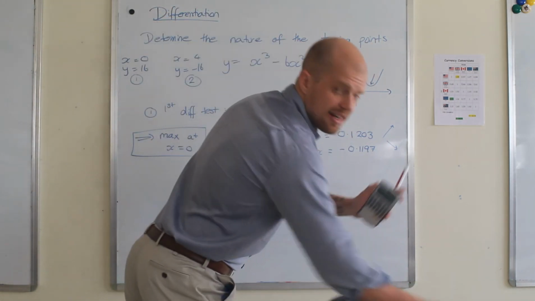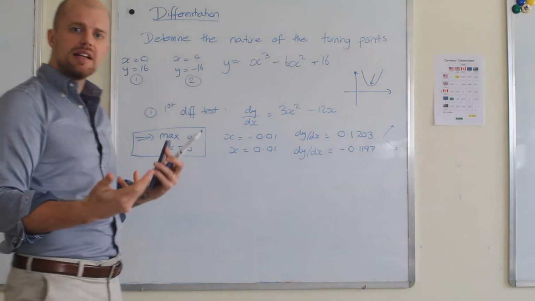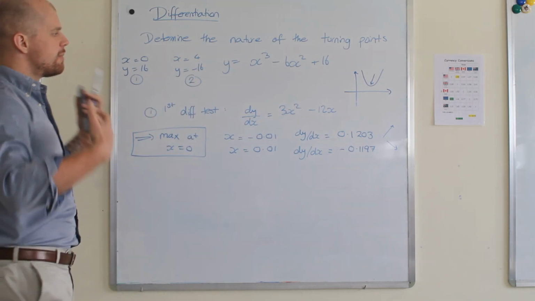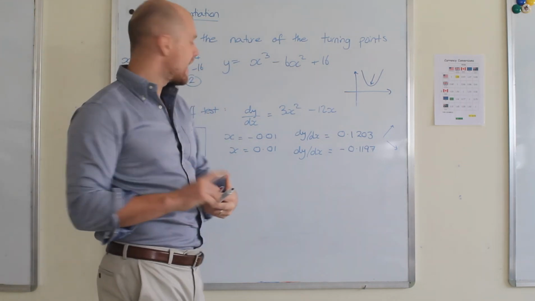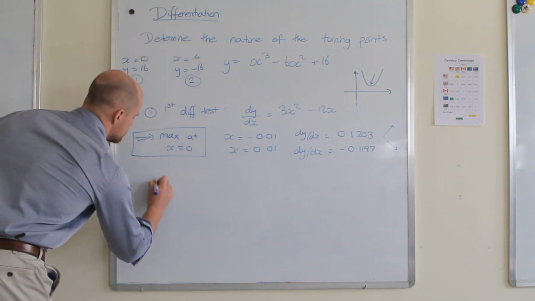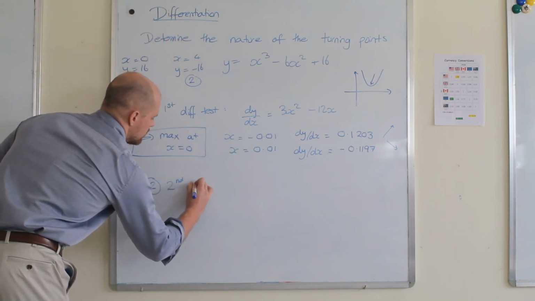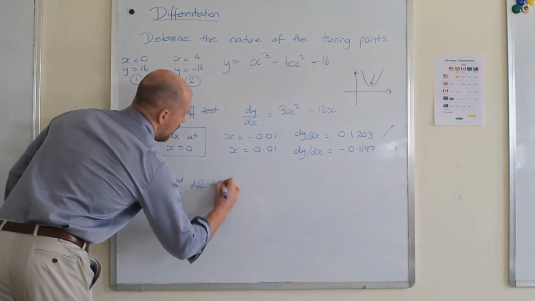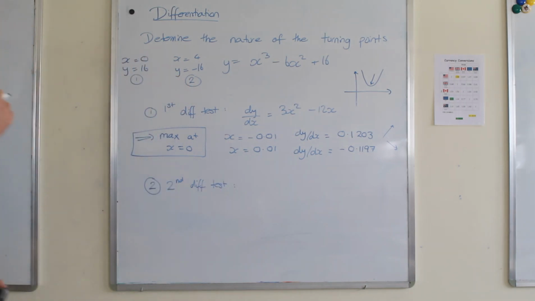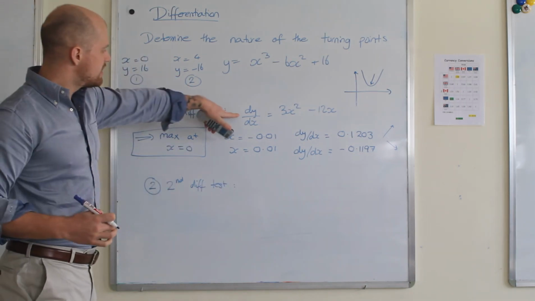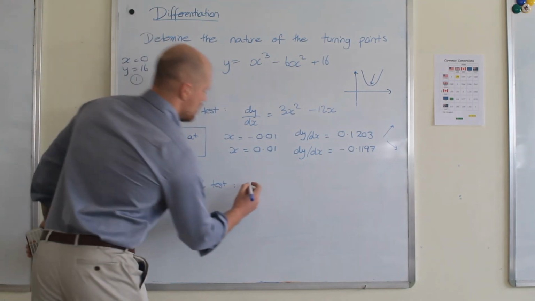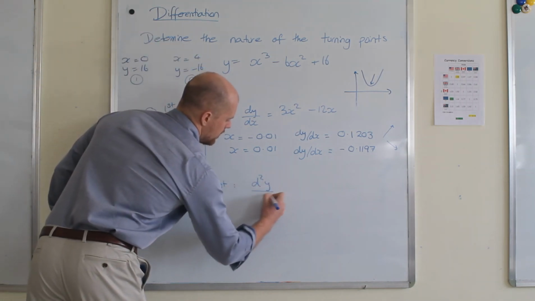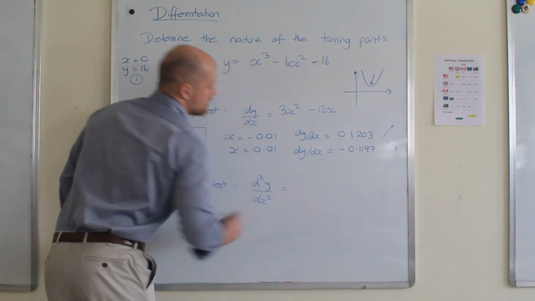You go a little bit to the left, a little bit to the right, you see what the gradient does, and then you determine if it's a maximum or a minimum. The second differential test is quite honestly a lot easier. Find the second differential, i.e. differentiate this again. We call it d squared y by dx squared.